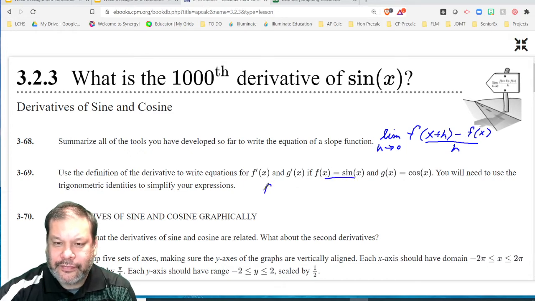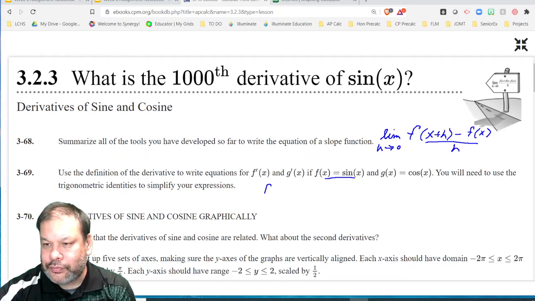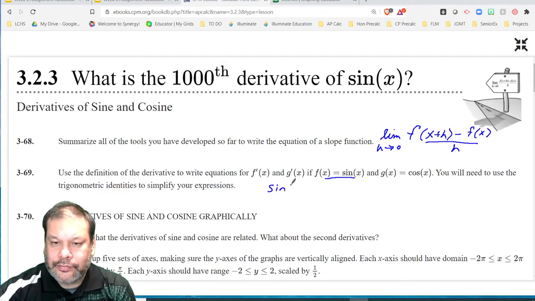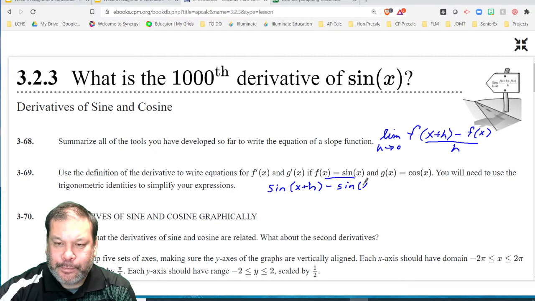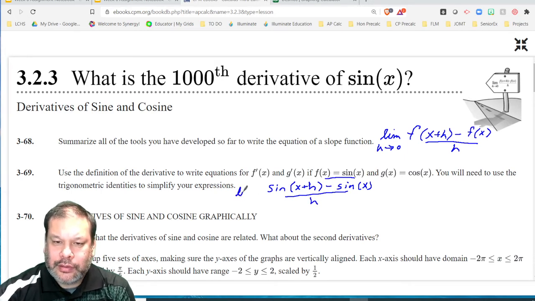So it's just sine of x plus h minus sine of x over h, and that limit as h goes to 0.